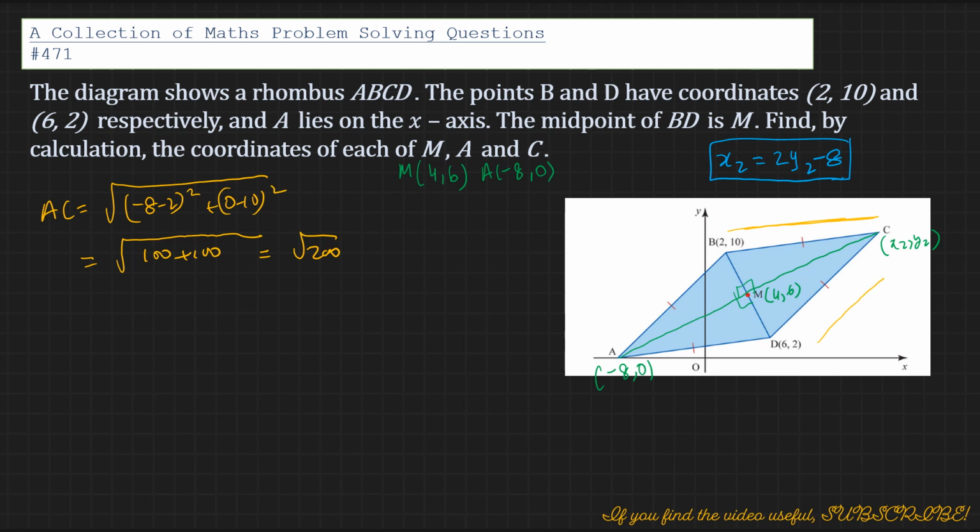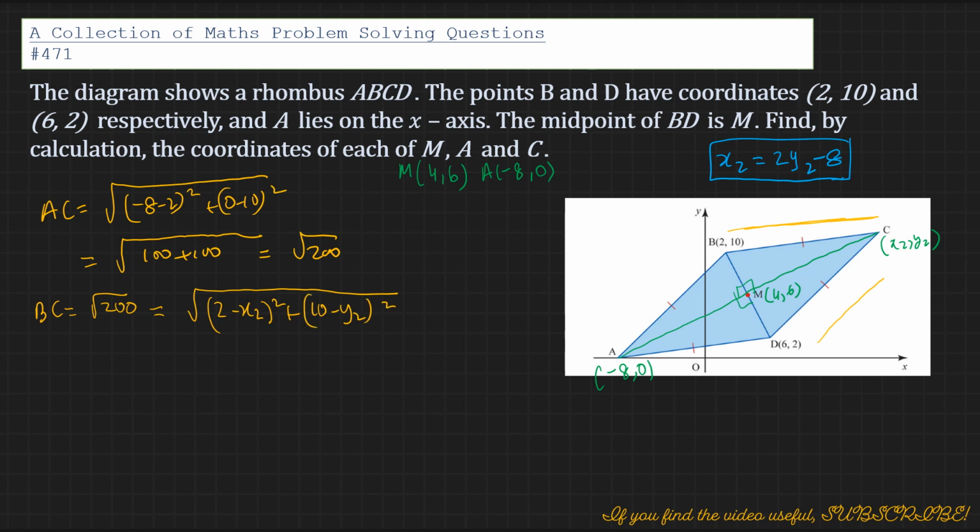So we say that BC equals square root of 200, and that equals square root of 2 minus x2 whole square plus 10 minus y2 whole square.